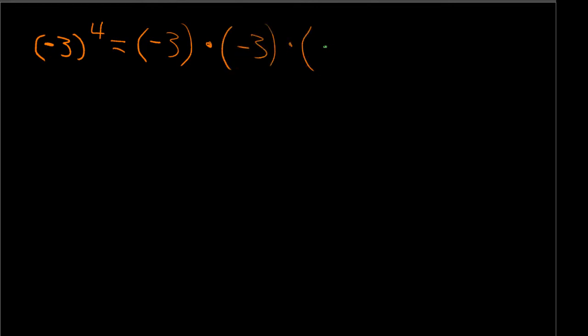So this looks like this. Now notice, what's a negative times negative? Well, that's going to be a positive. And a negative times a negative here is going to be a positive. So if I look at the first 2 factors, they're going to give me a positive. And the last 2 factors are going to give me a positive.